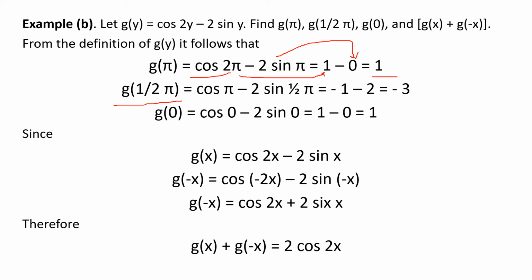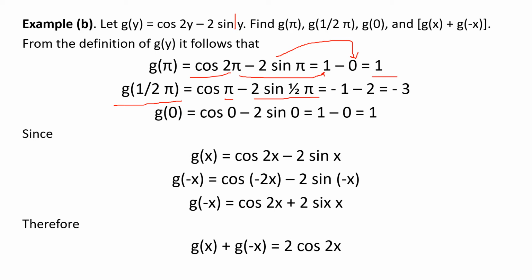so cosine pi. Why is it cosine phi? Because from the given function, it is cosine 2y. So if we multiply 2 by 1 half phi, that will be phi, minus 2 sine 1 half pi, because there is no 2 here as a numerical coefficient of your y there.